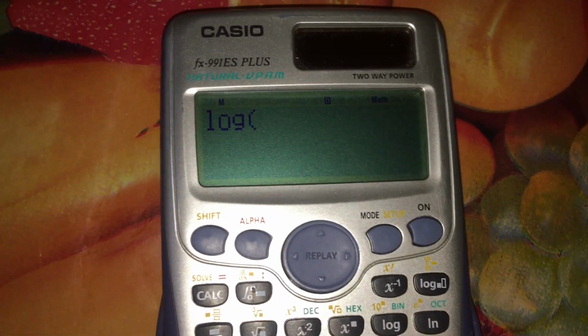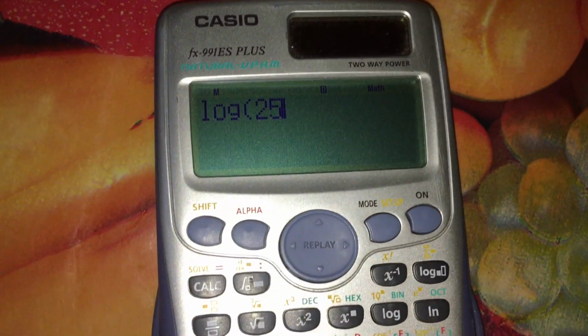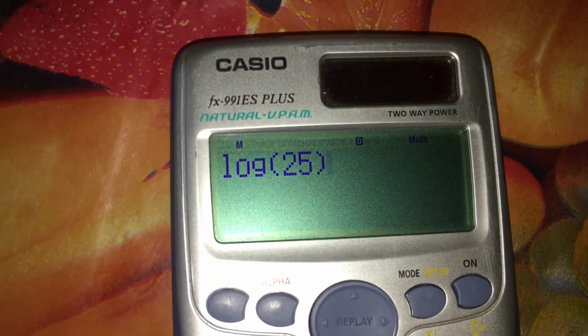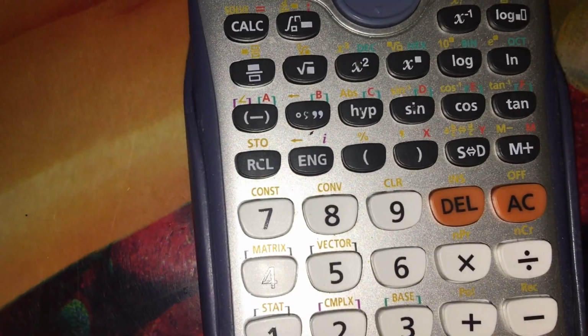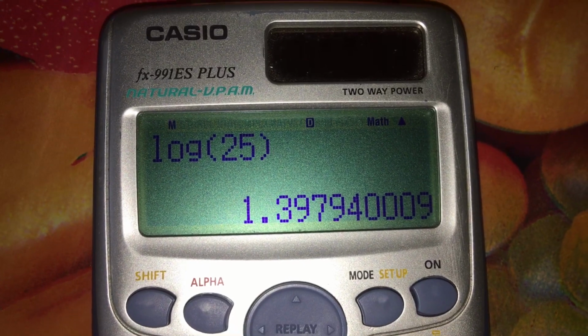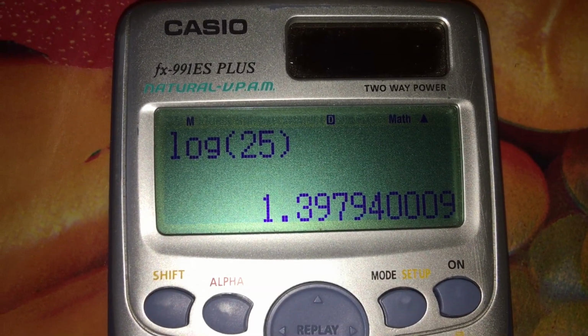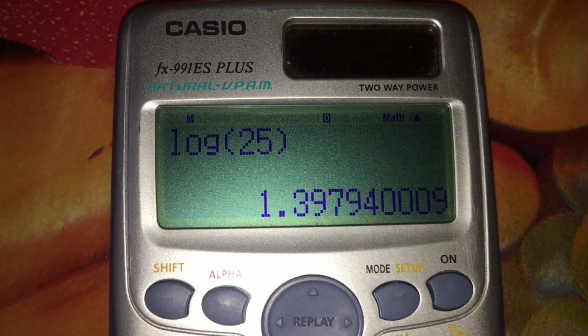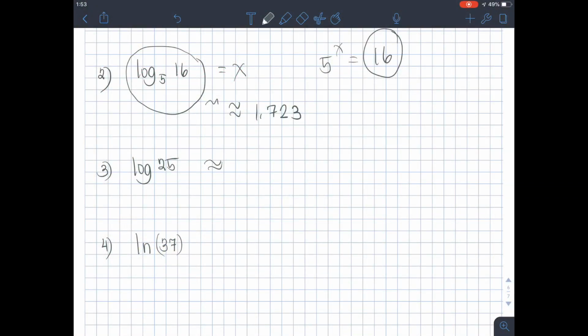Then, kung ano yung power natin na given, which is 25, input nyo lang. Okay? Then, close parenthesis. Then, press equal sign. We have 1.397940009 or approximately 1.4. Right? So, therefore, our answer is approximately 1.4.